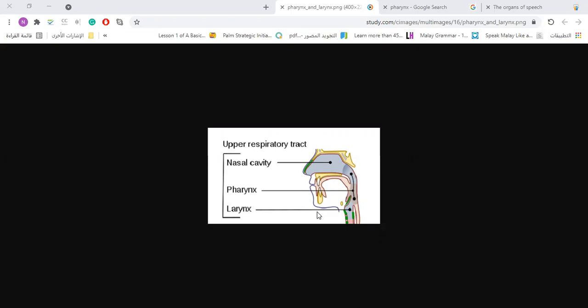Now, if you try to say h, you would notice that the only organ that is in function here is the glottis. If the glottis is used with other organs, as I said, we give the quality of being voiced or voiceless to the sounds. For example, we have the two sounds f, as in feather, and v, as in van.